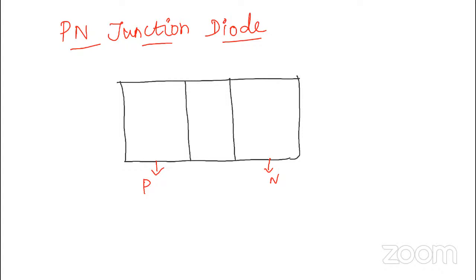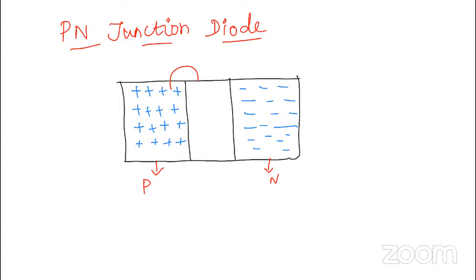So we can fill it with the positive charges. Here we can fill it with the negative charges. Majority carriers and minority carriers will be there, but the minority carriers here, what do we do with them? At a particular location, we tell them to go outside. Here also the minority carriers are the positive ones.